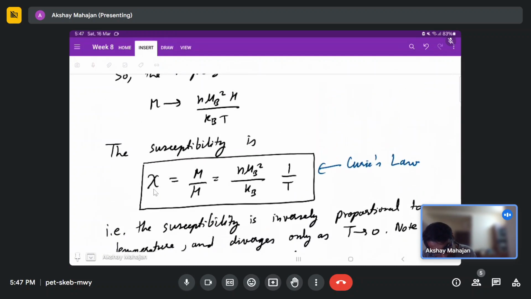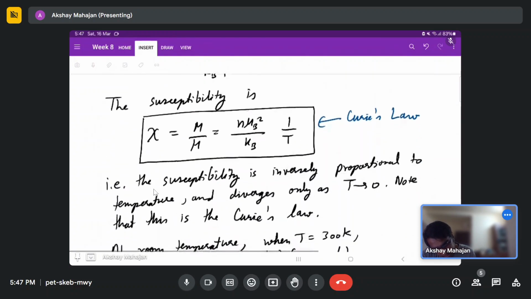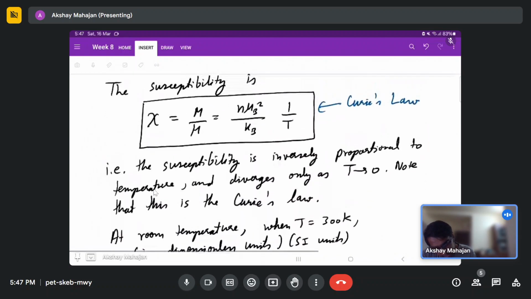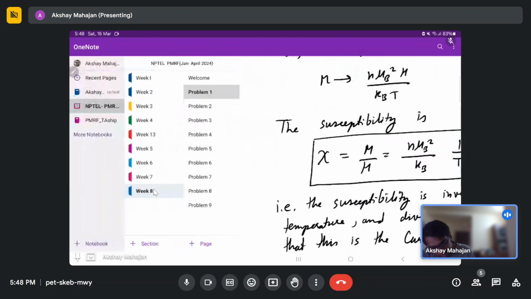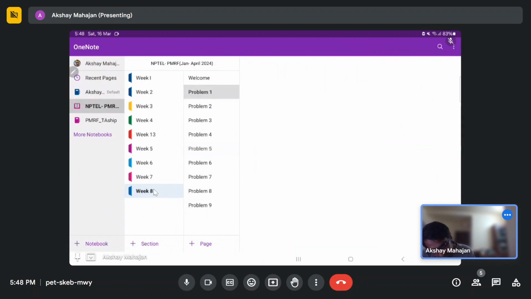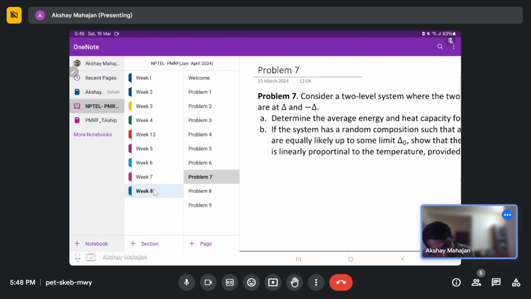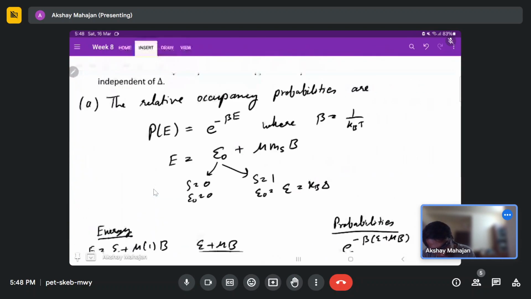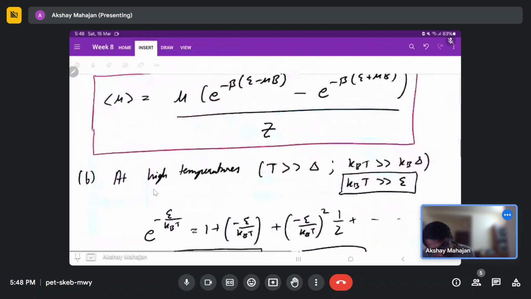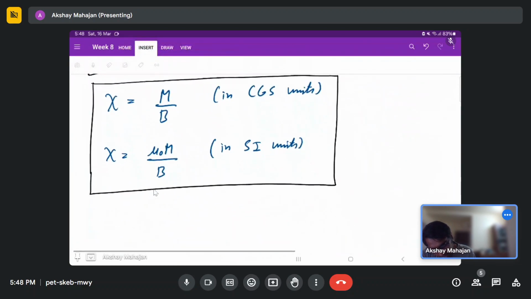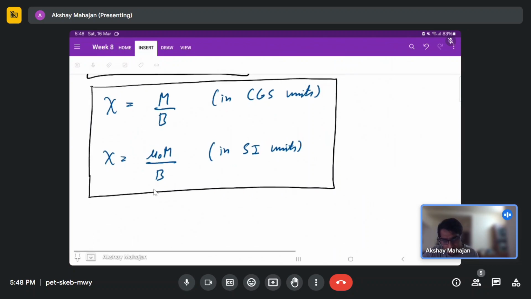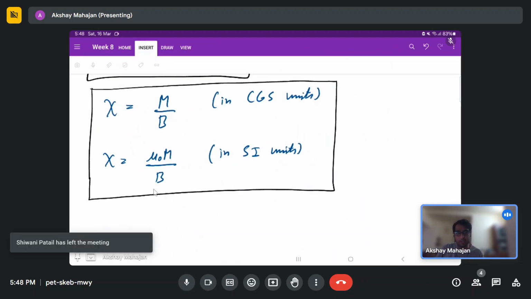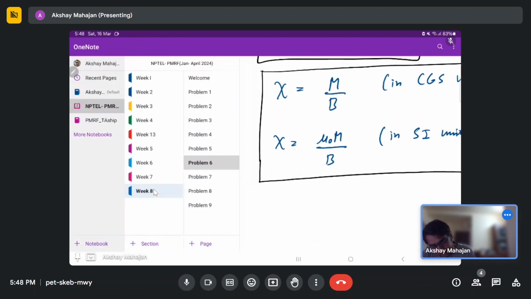The formula was M by H. Yes, the formula was M by H in that case. We have to write the mu naught here also. Yes, there also we have to change it a little bit. So this is the formula. Basically, in CGS units it is M by B, and in SI units it is mu naught M by this.